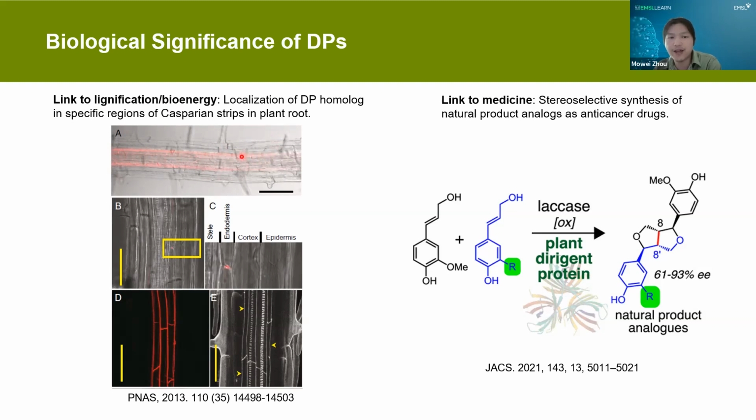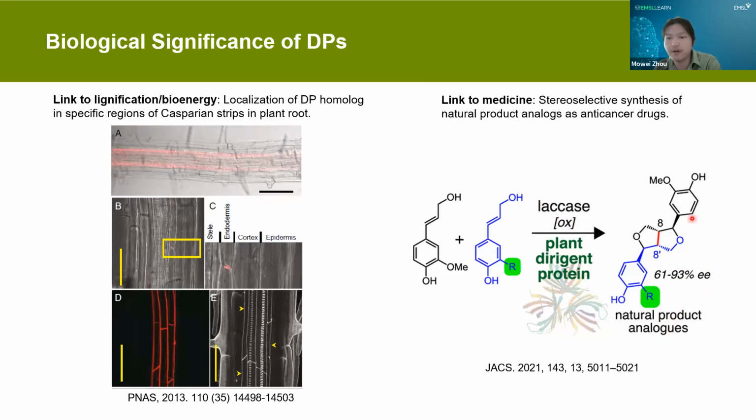So if you imagine, if we can really understand the mechanism, we can probably engineer plants that have different properties of the wood, and possibly make the wood structure easier to degrade for bioenergy applications. And another more recent study, which is also very interesting, used this dirigent protein as a catalyst to perform very selective synthesis of natural product analogs, which are used as anti-cancer drugs.